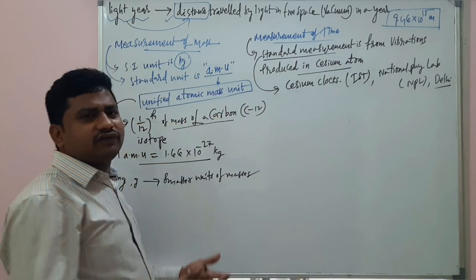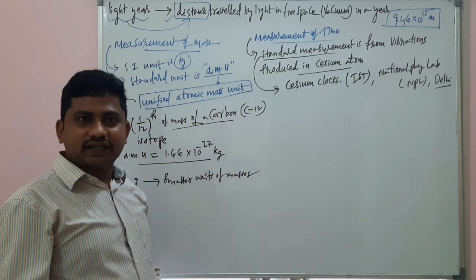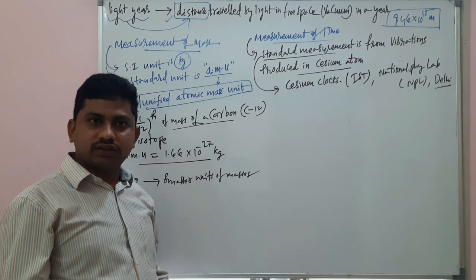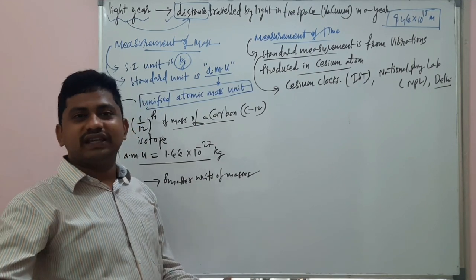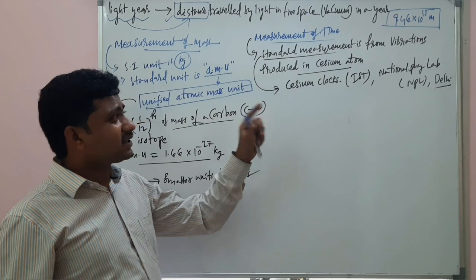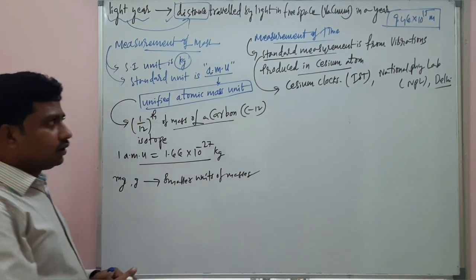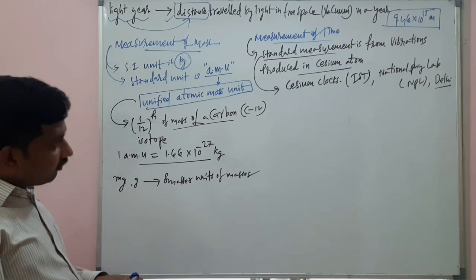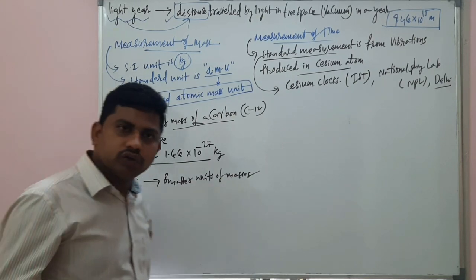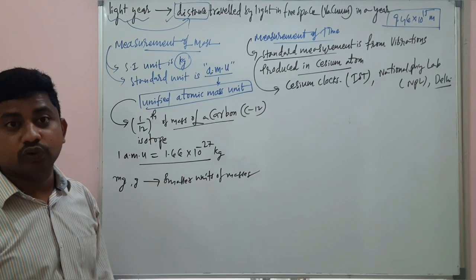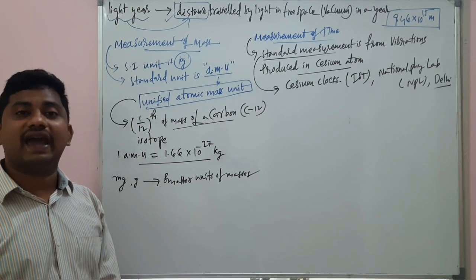Now, a measurement of time: 1 second, minutes, hours, days, months, years, those are the measurements of time. So this is about the measurement. Now, we need to focus on a few important things before moving on to the concept of error.